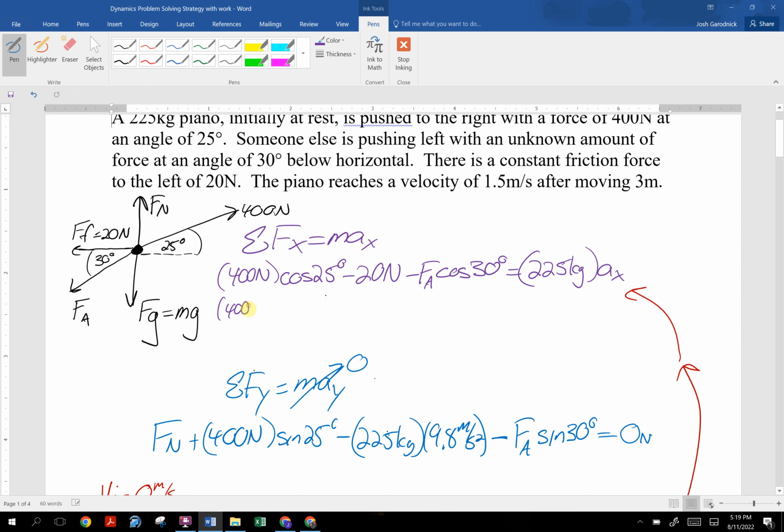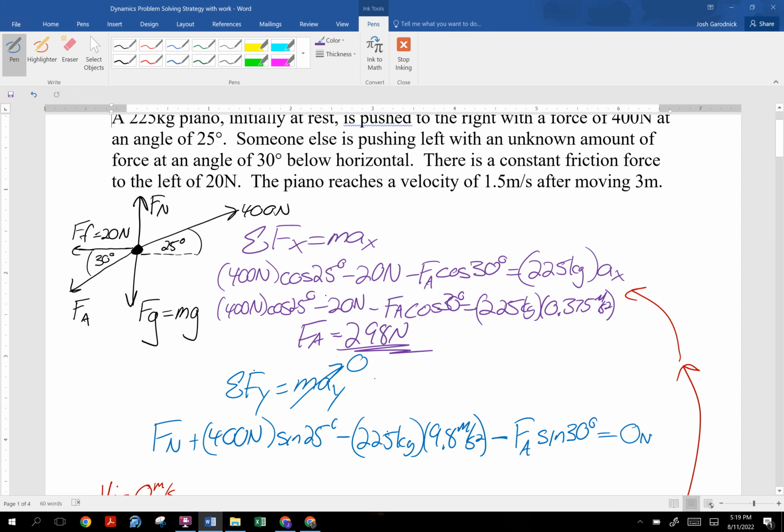We have 400 newtons cosine 25 degrees minus 20 newtons minus the applied force cosine 30 equals 225 kilograms times the acceleration of 0.375 meters per second squared. Clearly, the only thing you don't know in this expression is the applied force, and we get 298 newtons.